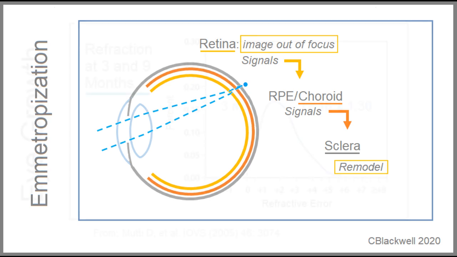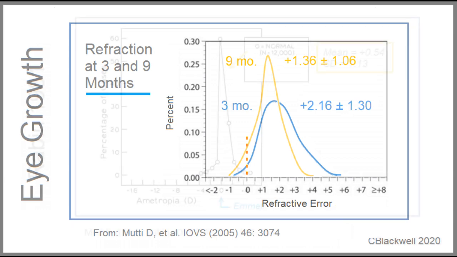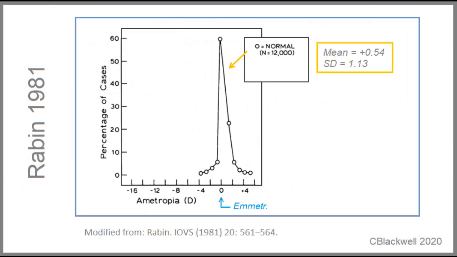To gauge the success of emmetropization, we return to graphs we presented earlier. Human infants who start out hyperopic grow toward emmetropia. In adults, the narrow distribution of refractive errors shows us that emmetropization is in general quite successful.